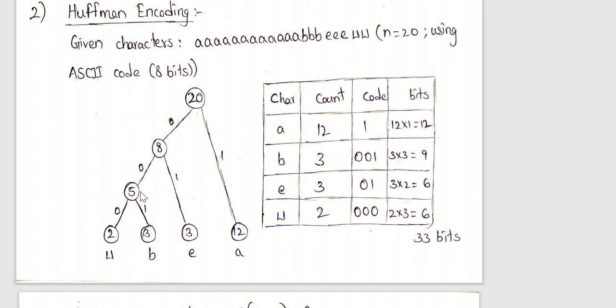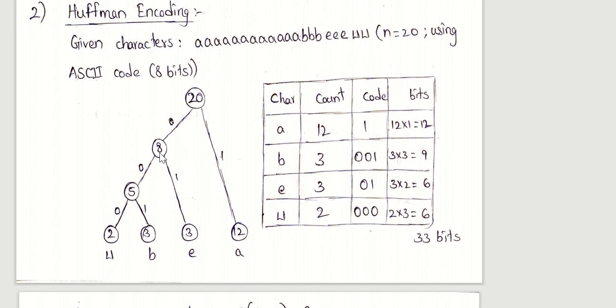In the same way, we have to repeat the same process for all the remaining characters in the tree. Here the 5 and 3, and the 5 and 12, have to be compared. The 5 and 3 sum is 8 and the 5 and 12 sum is 17. If we compare 8 and 17, we can clearly say that 8 is the minimum value.